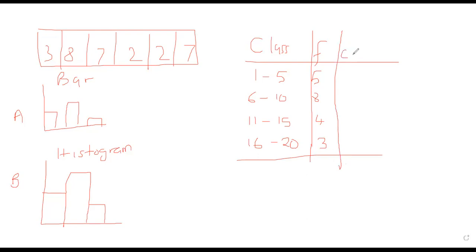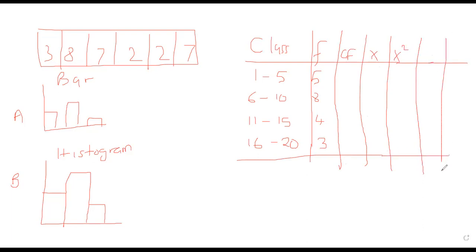We start with our cumulative frequency, our midpoint x, and when we square it, x squared, and we have our fx and fx squared.